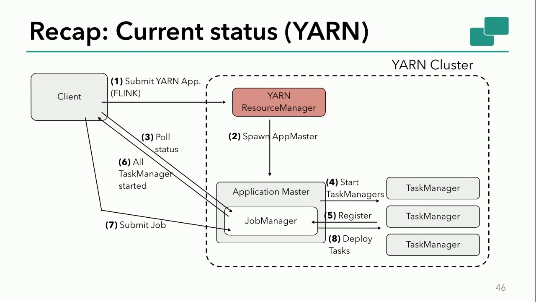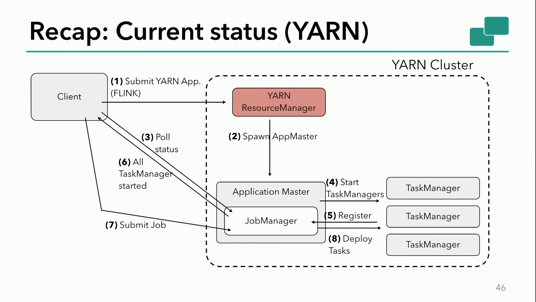And the application master starts up the task managers. From that point on, it's just the same story I told you before in the standalone mode. The task managers register themselves, the client submits a job, and the tasks get executed.